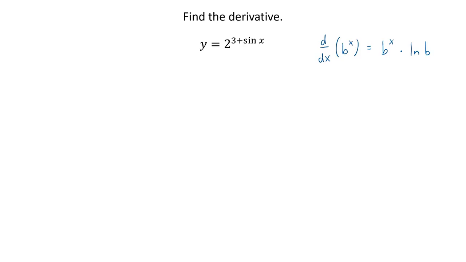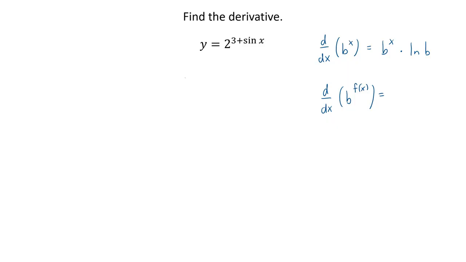Here we have b raised to a function of x because 3 plus sine x is not just x, it's a function of x. So this example looks more like this: the derivative of b raised to an f of x. The derivative of an expression like this is very similar to the derivative of b to the x, but it looks just a little bit different.